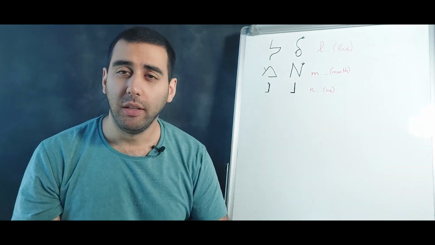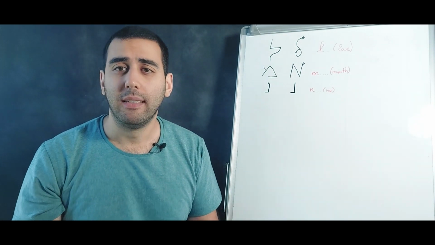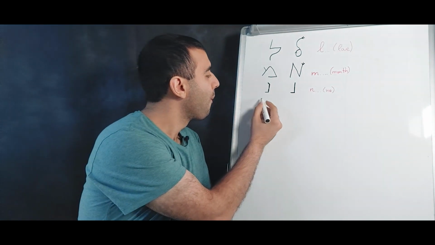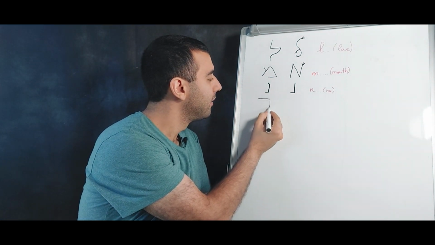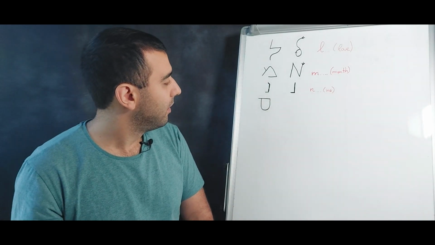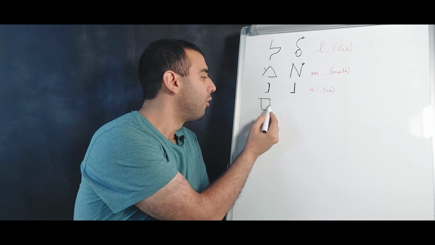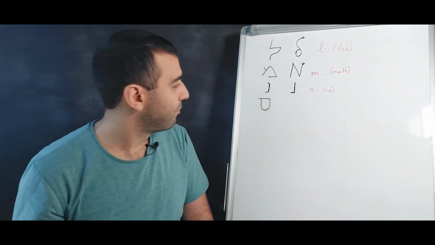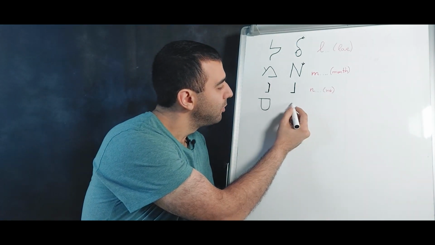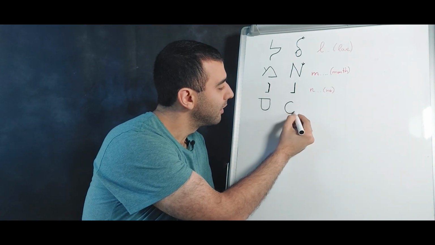The next one is pretty easy. The next one is called samech. It's written like that. So you write this line and then you make a curve down and back to the top. And in writing form, it looks almost the same, but not exactly.